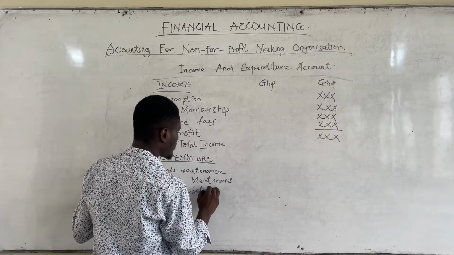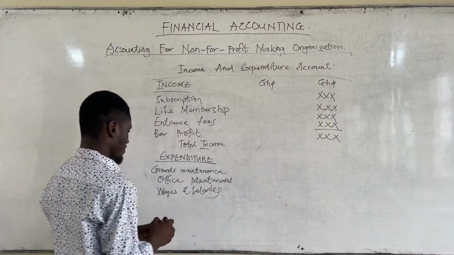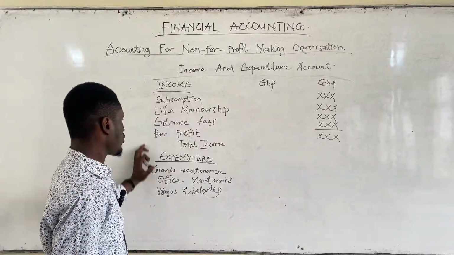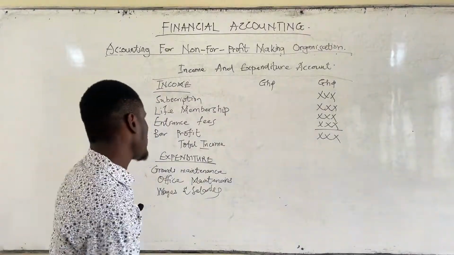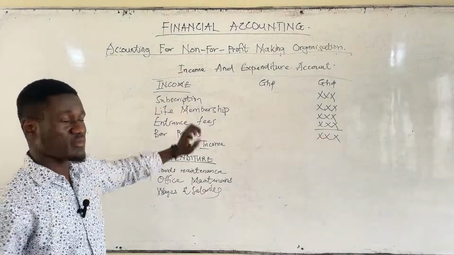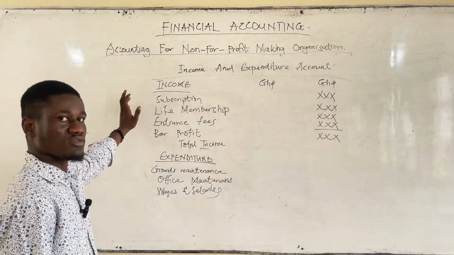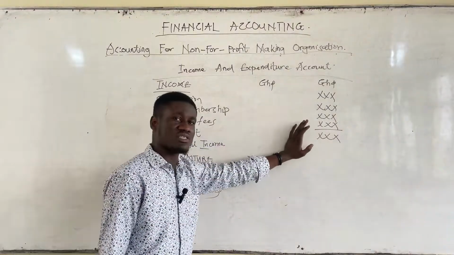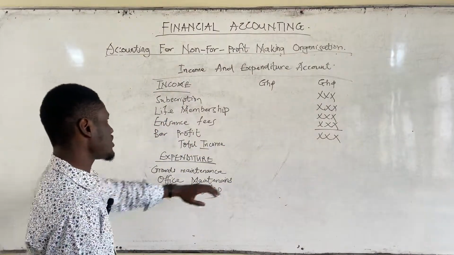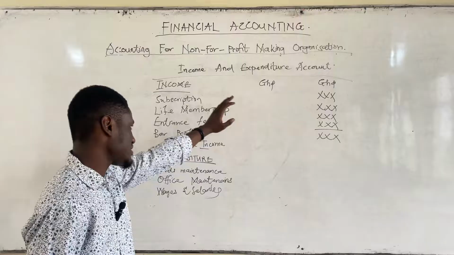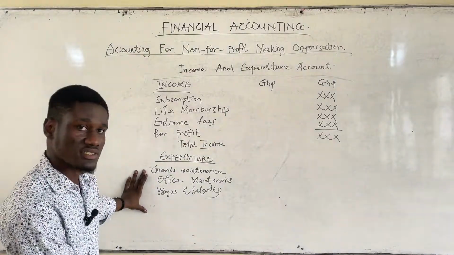They can be many, okay? So these are a few of them you will see in the receipts and payments. So you check in your receipts and payments. Those items at the debit side are your revenues, okay? Those items you see at the credit side are your expenses. So you just go and pick those items at your credit side that are expenses, okay?